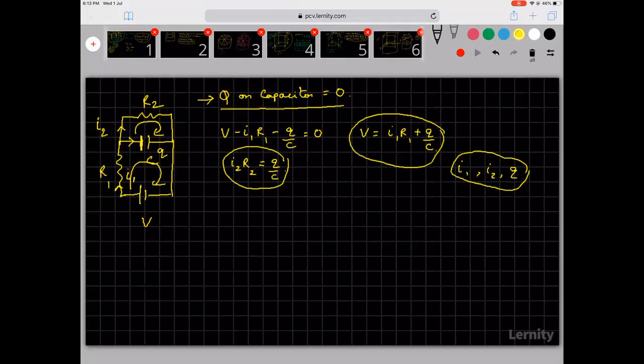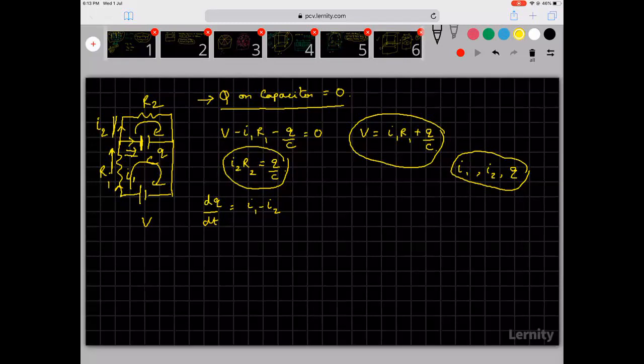Now, by the charge conservation concept, I can say that dq by dt is equal to I1 minus I2. Some current is going this way, the majority goes this way, and a small portion goes this way. By conservation of charge, the rate of this flow minus the rate of this flow is equal to this flow. So dq by dt is equal to I1 minus I2. Now I have two equations, and based on these I can try to find it out.